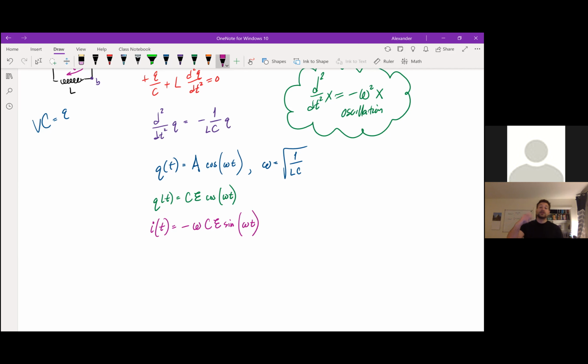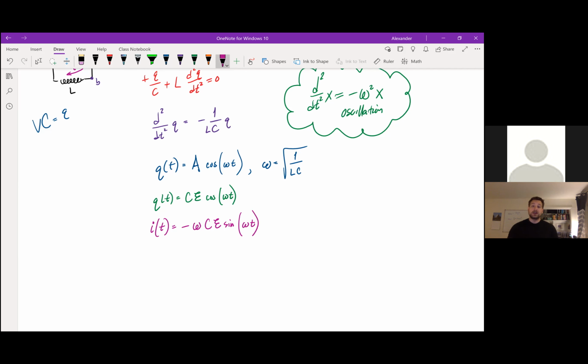And again, we see that the sign difference is baked into the math now that we made our initially unconventional choice. Everything that we said about oscillatory motion, we can say about this.